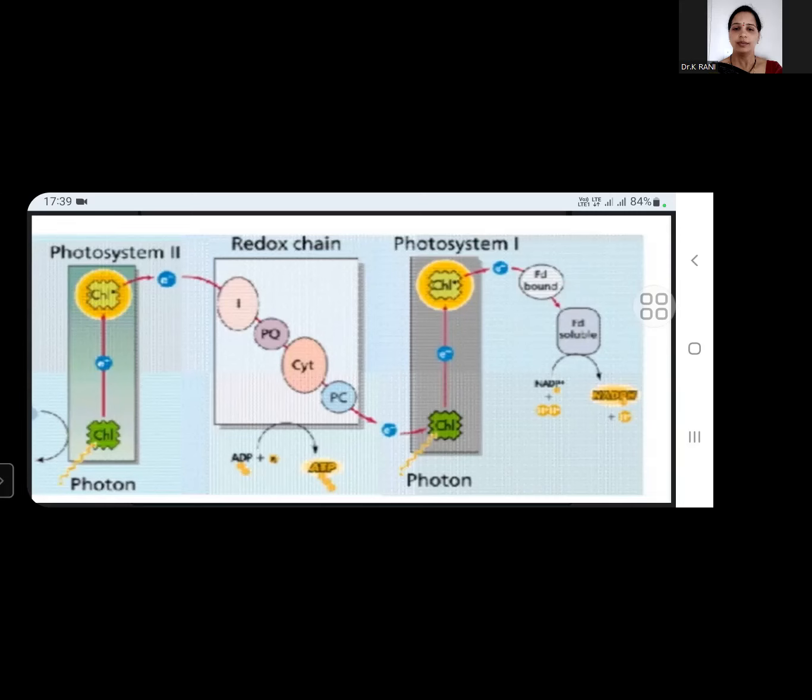For reduction of 1 molecule of NADP, 2 electrons are required, so each time 2 electrons move through the electron transporter, provided by ferredoxin 1 at a time.